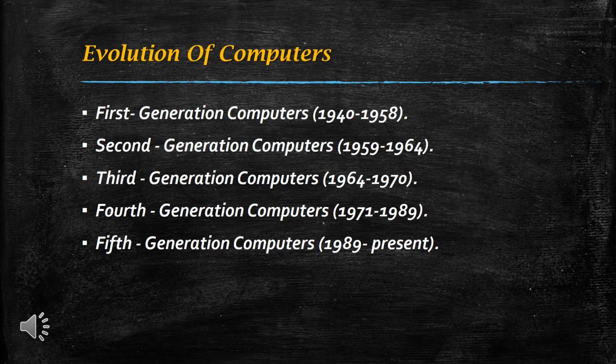The fourth generation computers were from 1971 to 1989. And the fifth generation computers, which we now use, are from 1989 to present, or it will be till the future. We don't know how long it will be, but the current generation is the fifth generation computer.